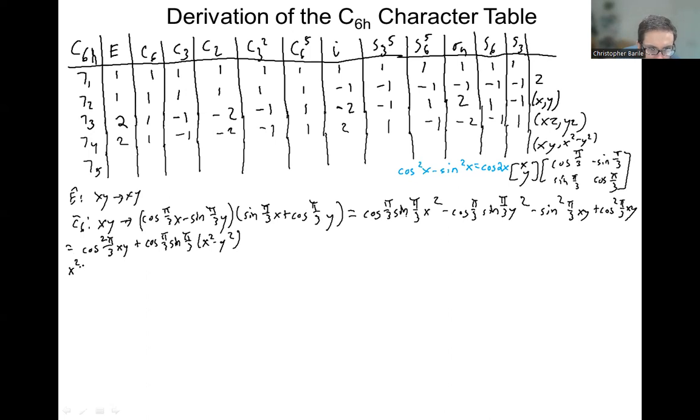And so now what that tells us we have to do is ask the question, how does x squared minus y squared transform? And up here we know for identity, x squared minus y squared just goes to x squared minus y squared. So we're going to have a 2x2 matrix that mathematically signifies that transformation. That's the identity matrix.